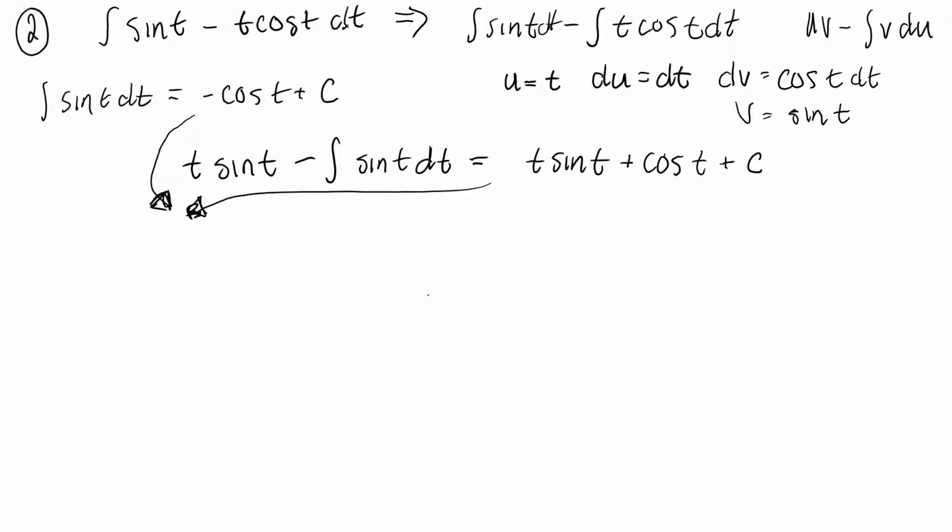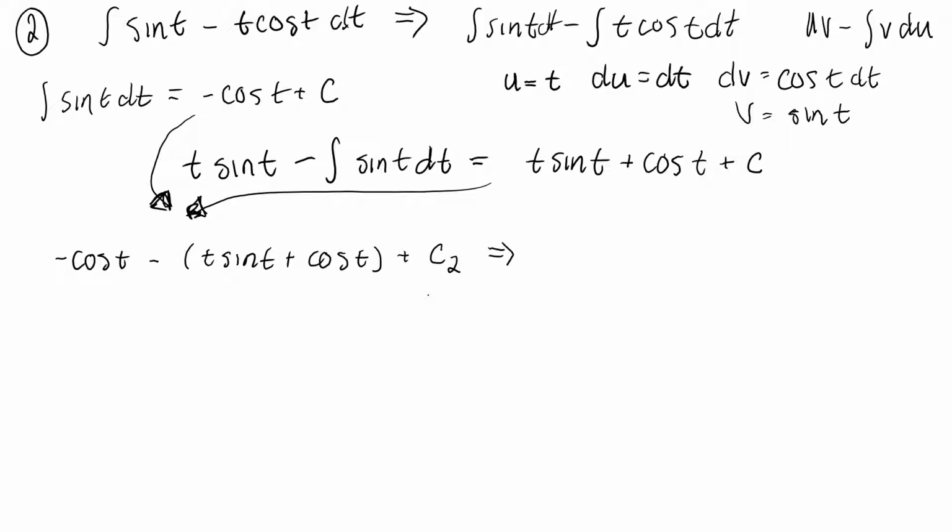And we're going to go ahead and say that negative cosine t minus t sine t plus cosine t plus c2, which is just the two c's together for equation 2.